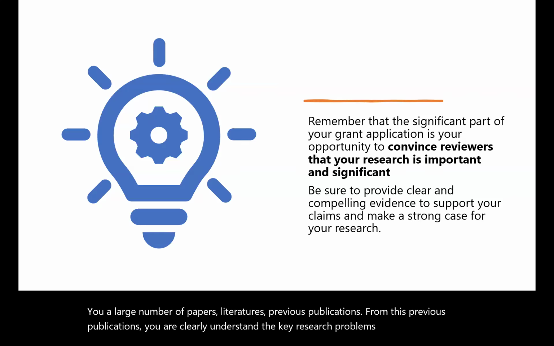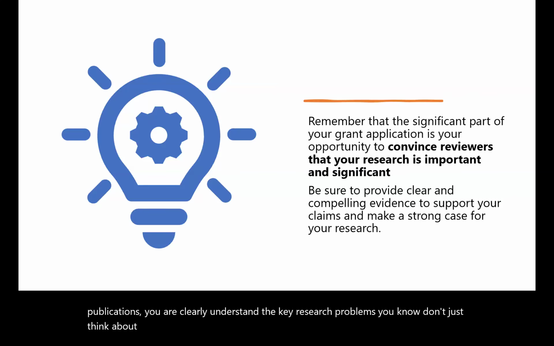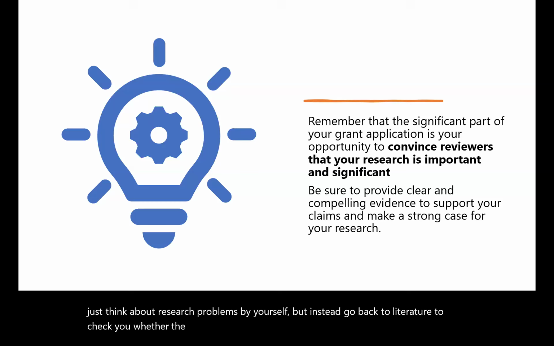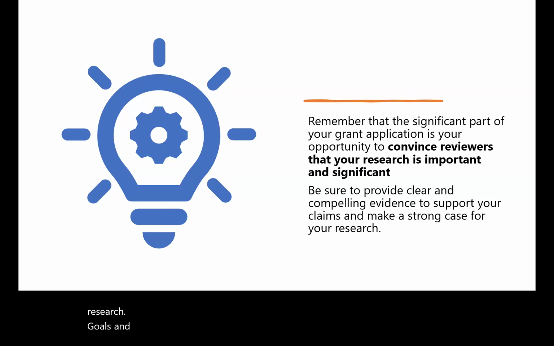Don't just think about research problems by yourself, but instead go back to the literature to check whether the previous literature supports your aims, your research goals, and whether this problem is significant. Use the previous studies as evidence to support your claims.